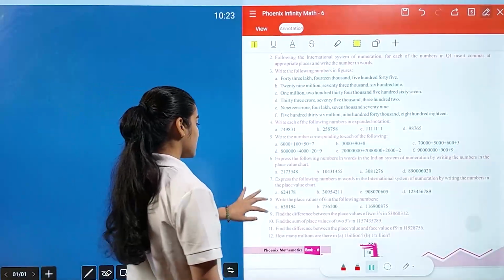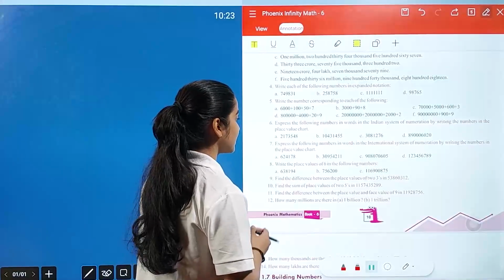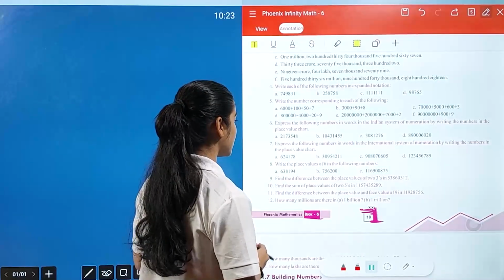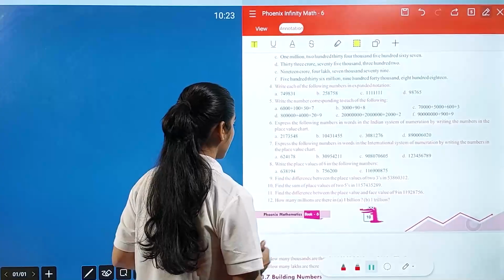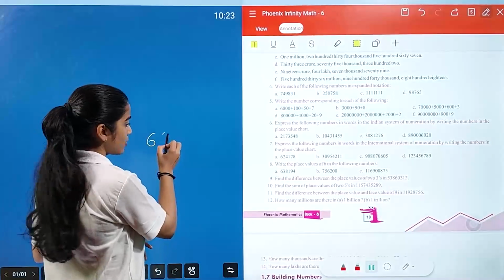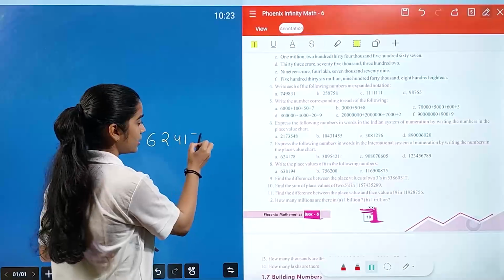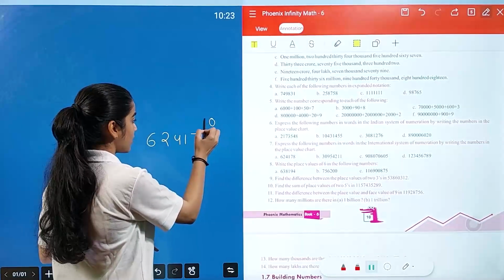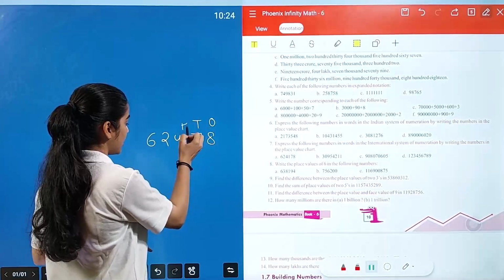Now question number 7. Express the following numbers in words in the international system of numeration by writing the numbers in the place value chart. So you have to make your own place value chart, but I'll give you a hint. So this is your ones, tens, 100.